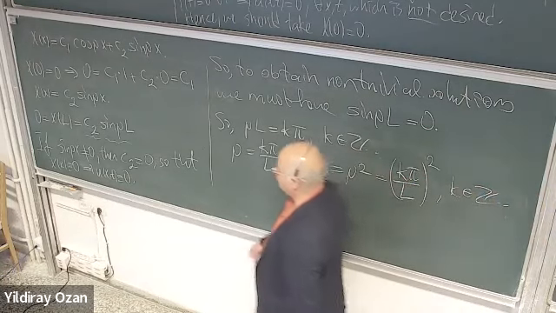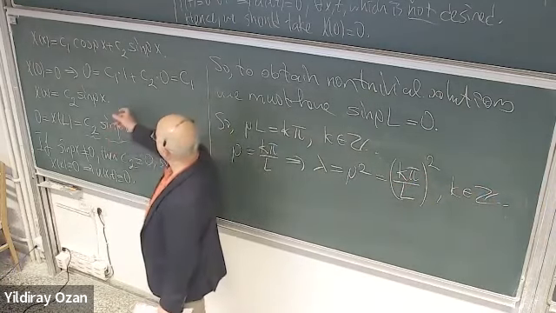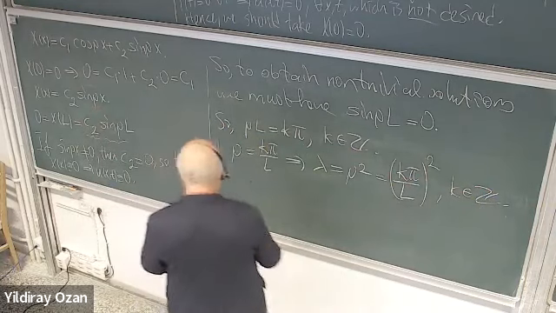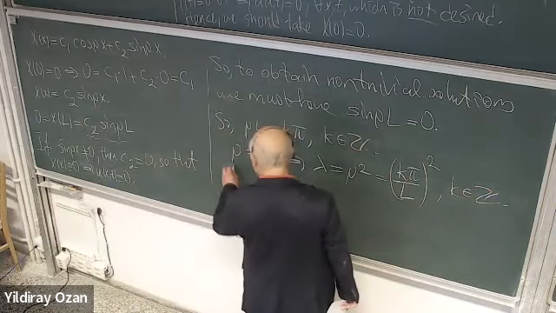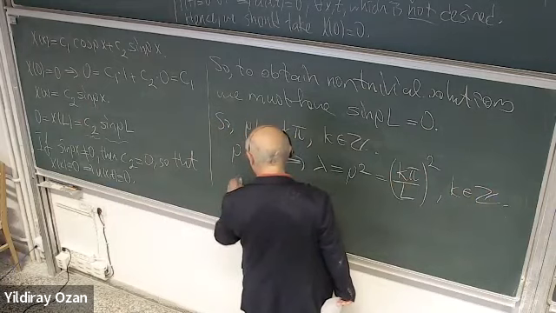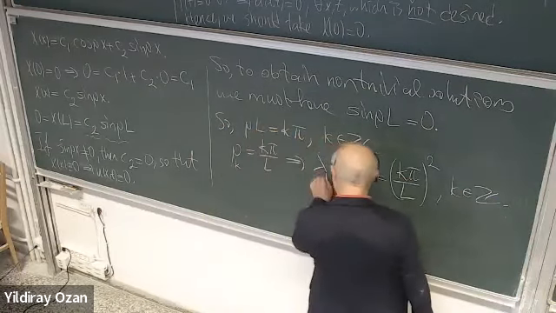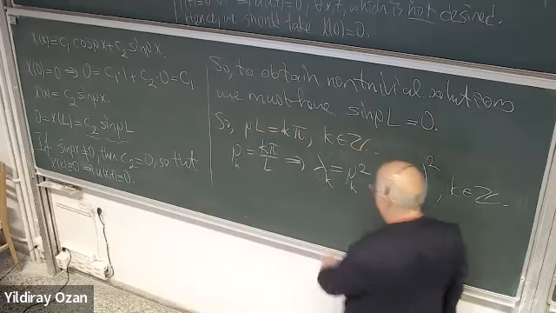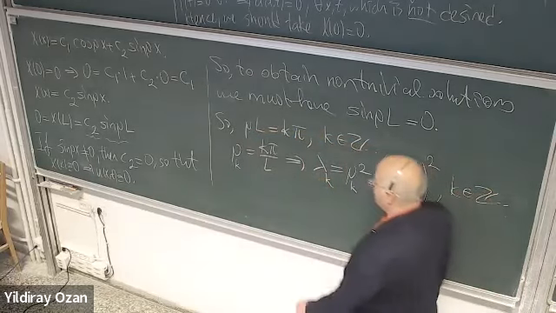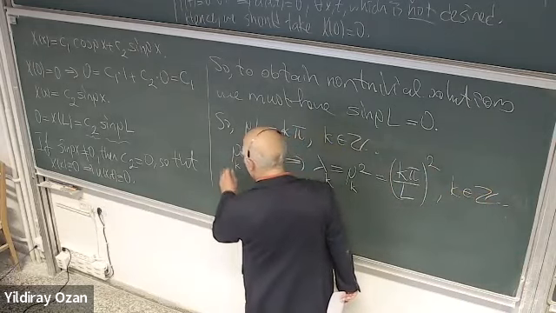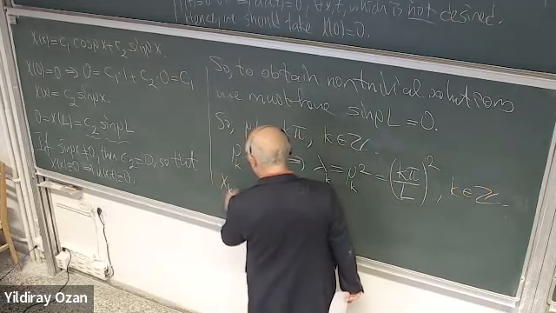And if mu is 0, again, I get the 0 solution. So okay, I can enumerate them like this. So we get these solutions.